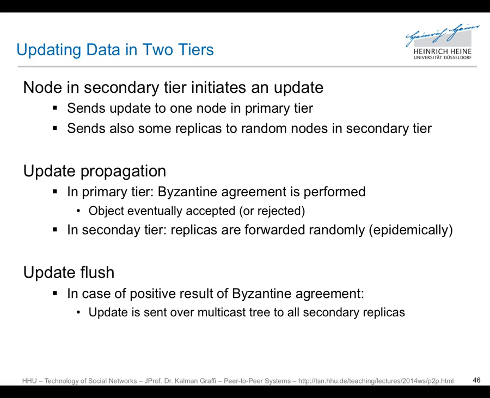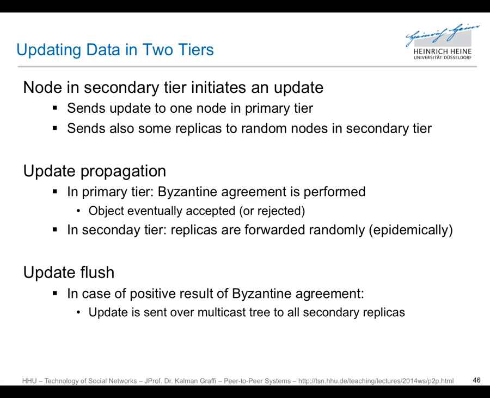Now, the update in the primary tier, they decide about it, and if they agree it should be accepted or rejected, then they flood this result and ask everyone to consider it. So if they accept it, then the replicas are forwarded randomly, so somehow semi-flood.